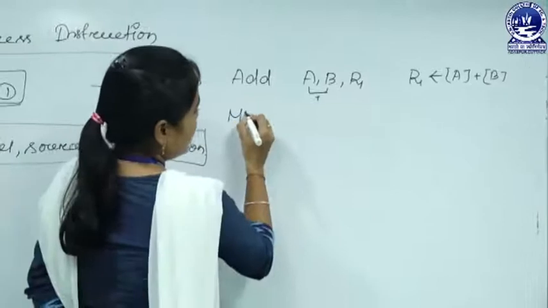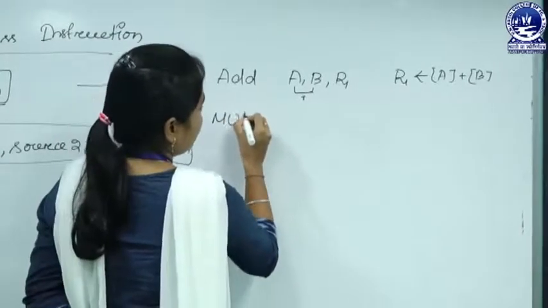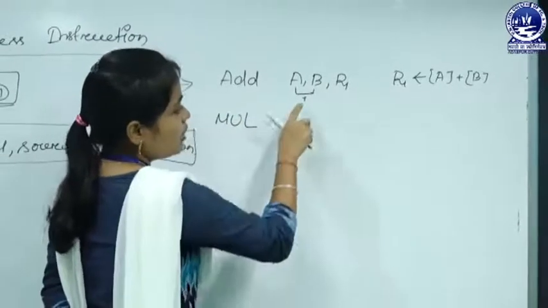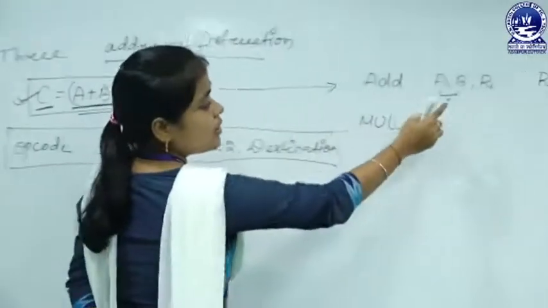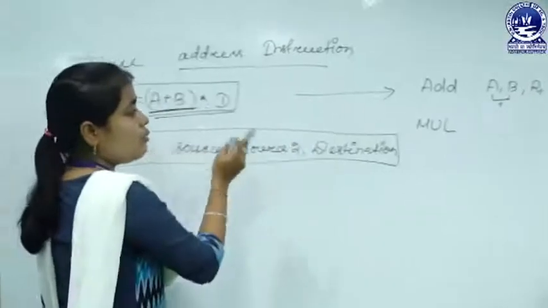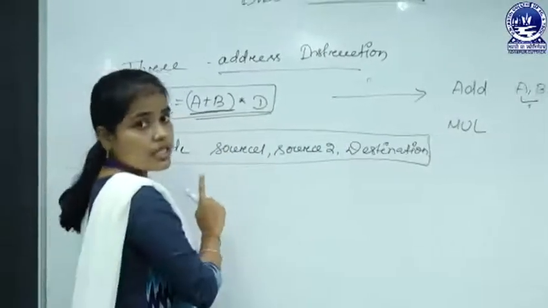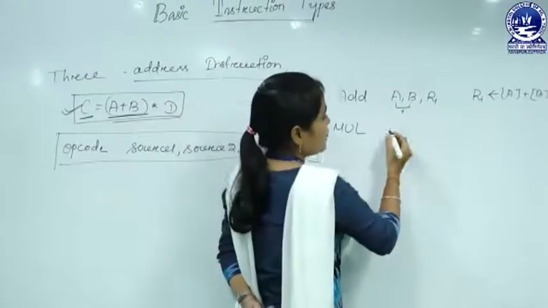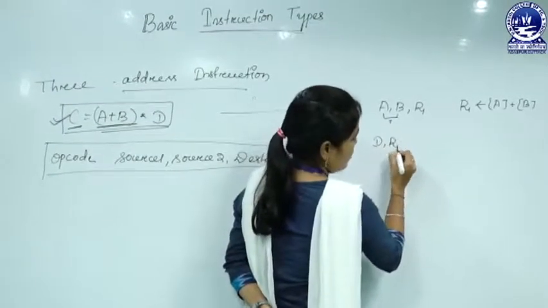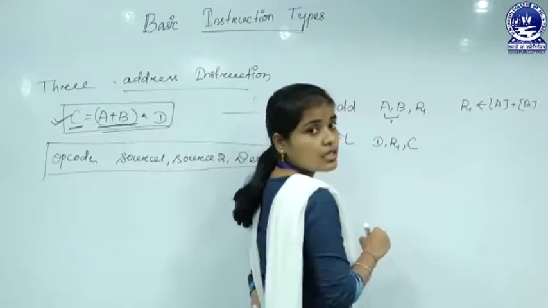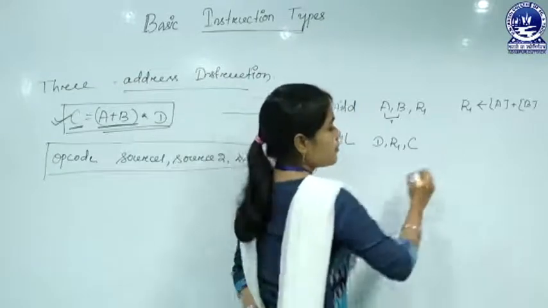Then what will we write? Multiply. What do we have to multiply? We have to multiply the content of D with the content of R1 and store that in C. So, multiply D, R1, then store in C. Simply you can write it like this.